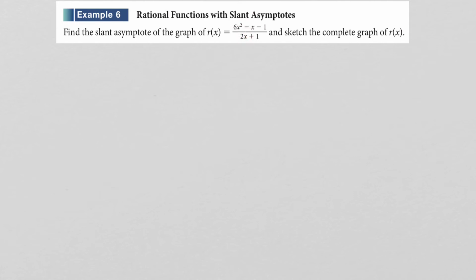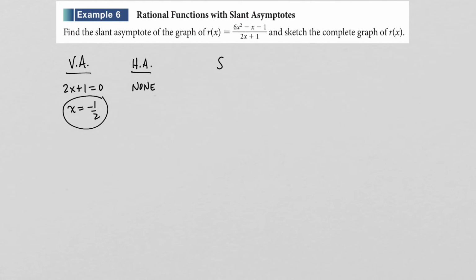Now, we still have a vertical asymptote, so let's talk about the vertical asymptote for this graph. That's going to be when the denominator is equal to 0, and if you solve this equation, you will get x equals -1/2. For the horizontal asymptote, there is none, because when the degree of the numerator is larger than the denominator, you don't have a horizontal asymptote.